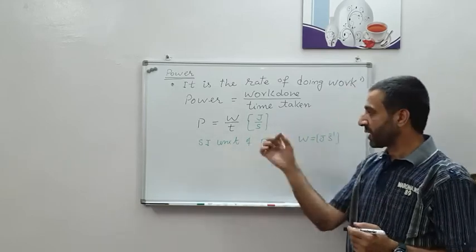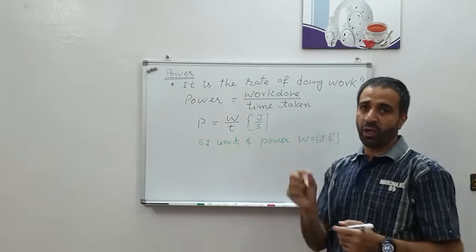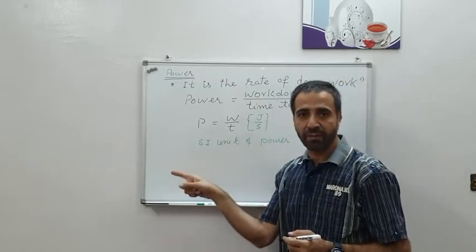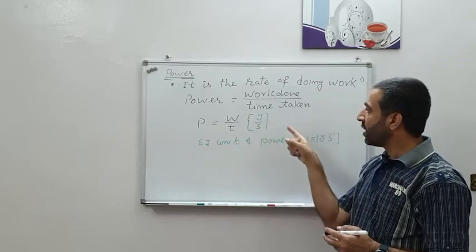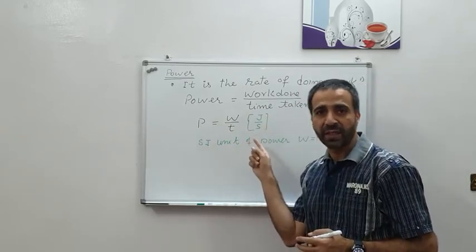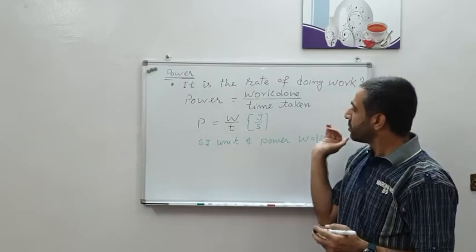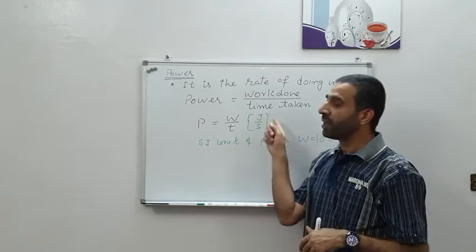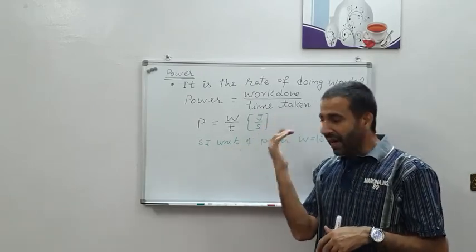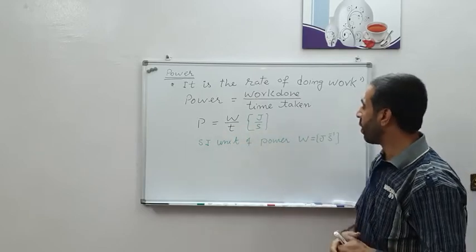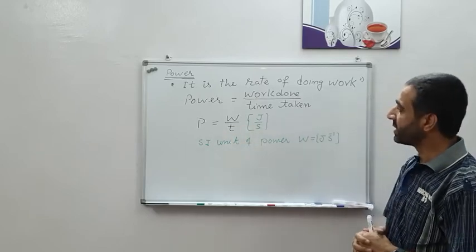For example, if you have a bulb with power 1 watt, it has the ability to convert 1 joule of electrical energy into 1 joule of light energy in 1 second. That is watt.